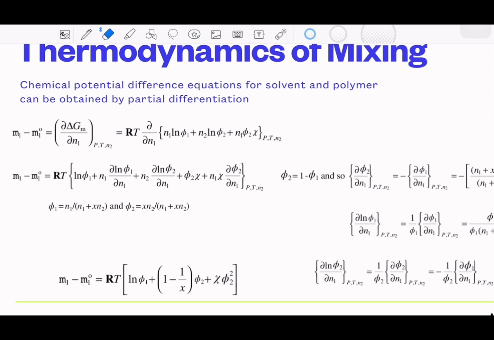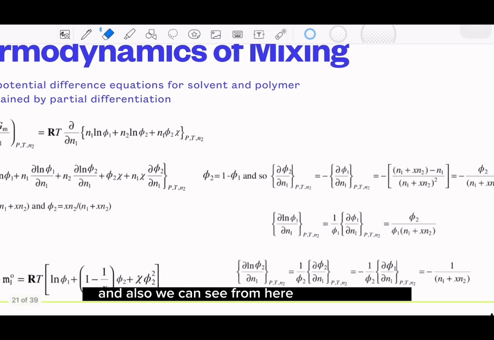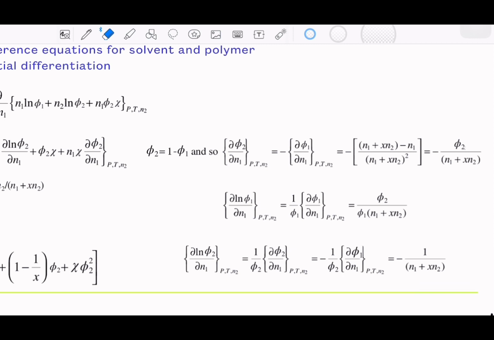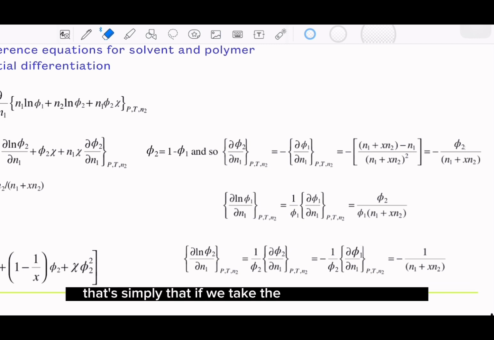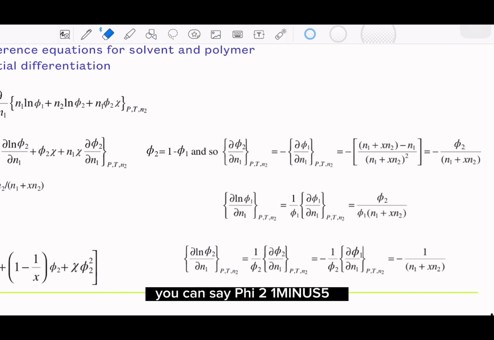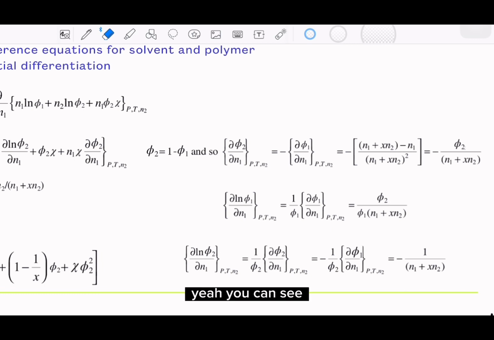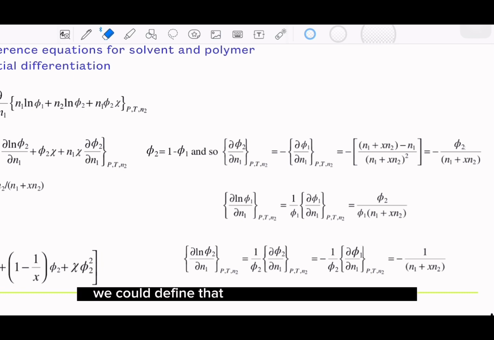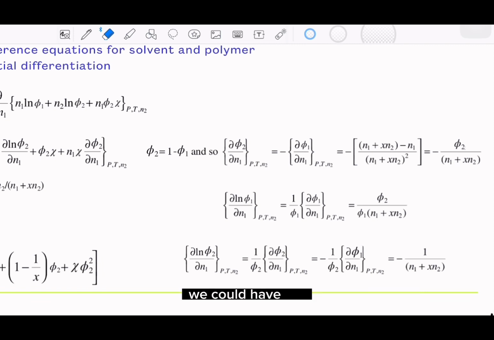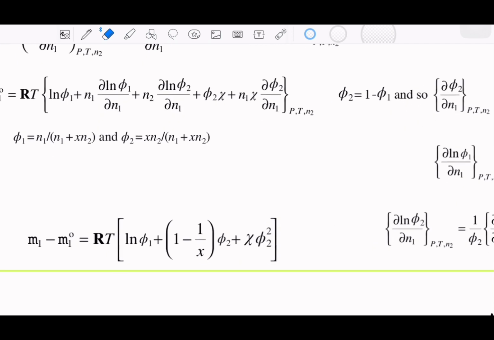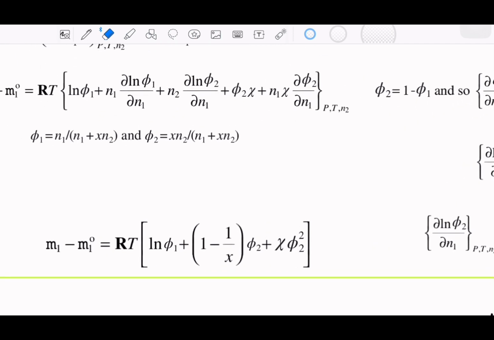So we could take that, and we can also see from here some parts of it. Simply, if the total of the volume fractions is 1, then you can say phi 1 is 1 minus phi 2, or phi 2 is 1 minus phi 1. Okay. And then we could take that and, I don't have time to explain all of this, but eventually, at the end of the day, using the partial derivative we could define that the chemical potential will be equal to this.